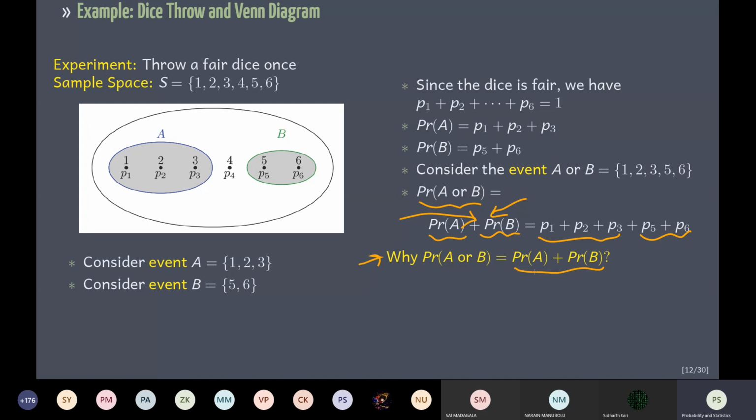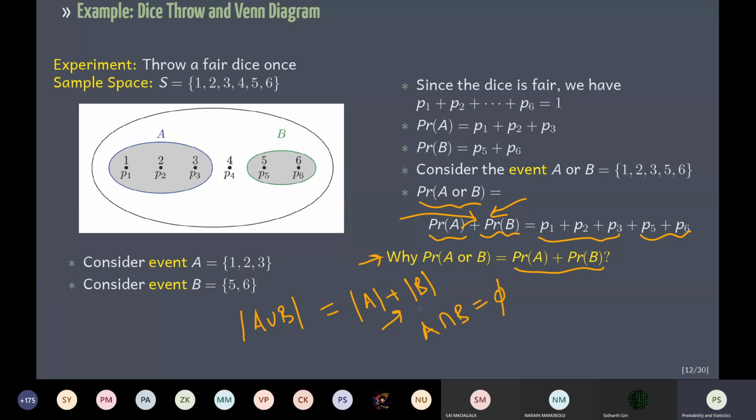If you look at set theory, the cardinality of A union B is the cardinality of A plus the cardinality of B for this example. And this happened because A intersection B was empty.